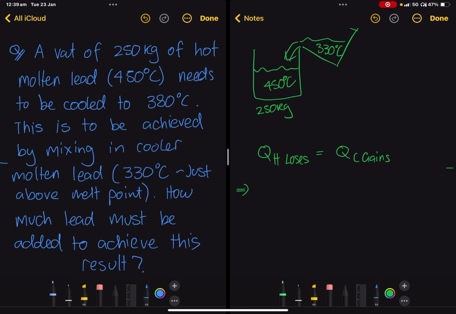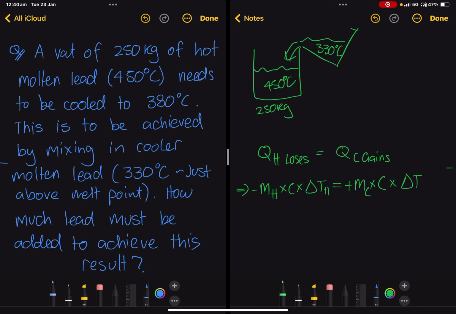In order for the heat losses from the hotter lead to be equal to the heat gains from the colder lead, we are going to have heat losses, so this will be negative. So we will have minus m times C times change in temperature is equal to plus m of the cooler lead times C times change in temperature.